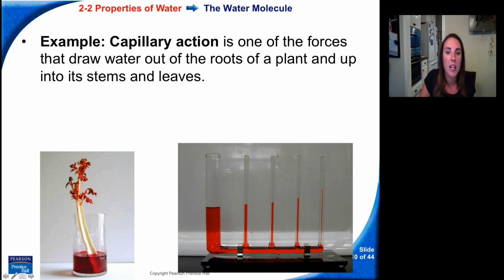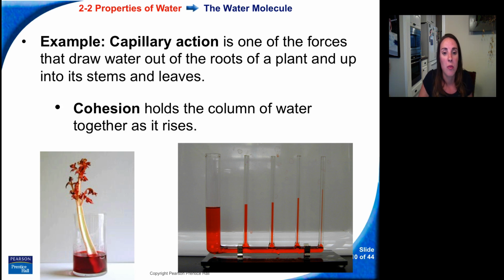So we can see capillary action there. Cohesion holds the column of water together as it rises. You can also do this using different tubes for capillary action, and as you decrease the width of the tube, you can see the water actually rises even more.